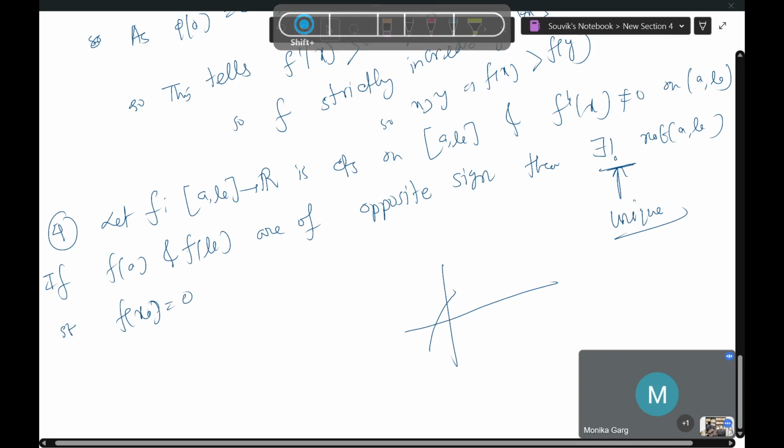F dash x is not equal to 0 on (a, b). That means f b minus f a upon b minus a is not equal to 0.